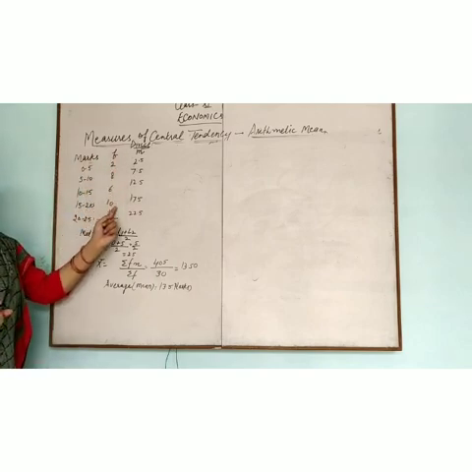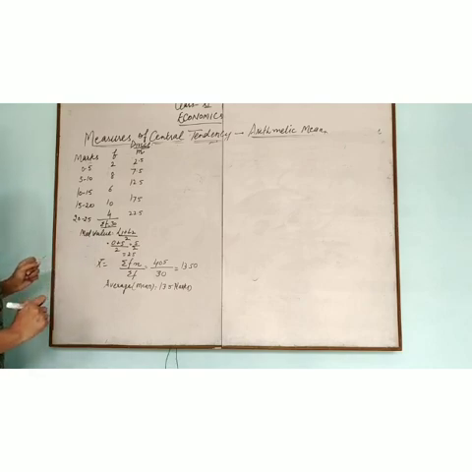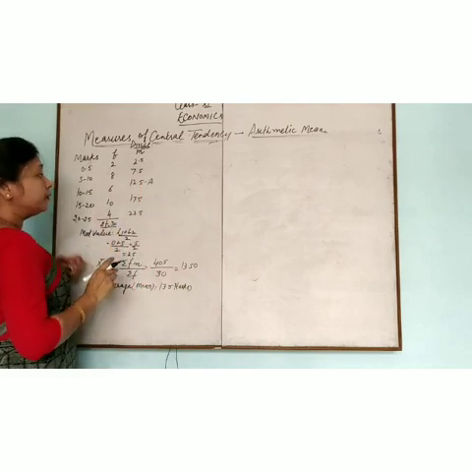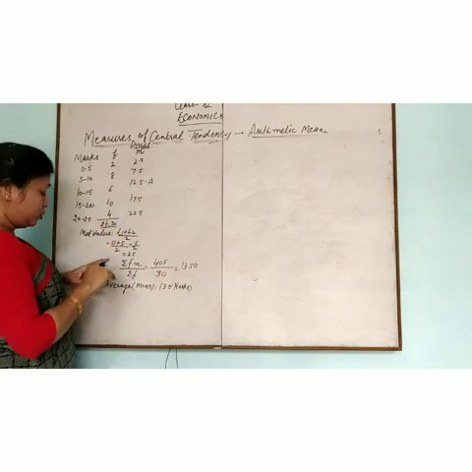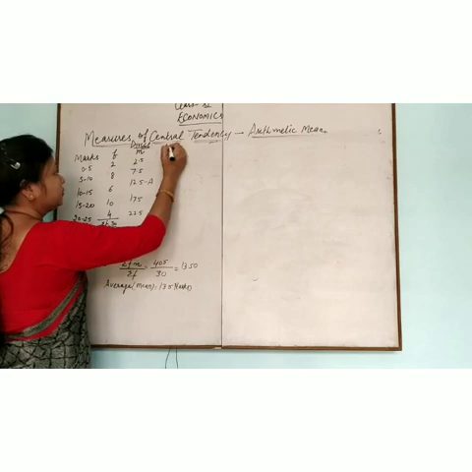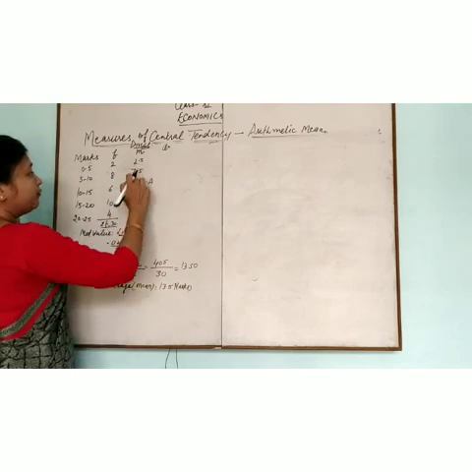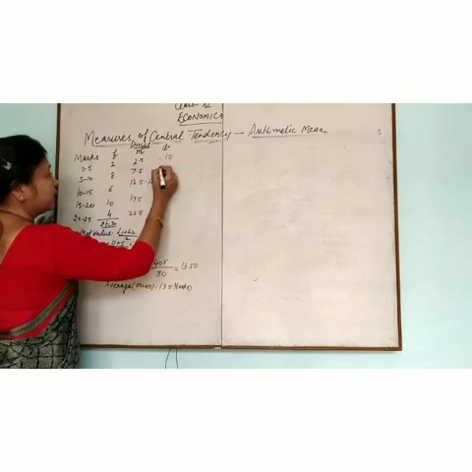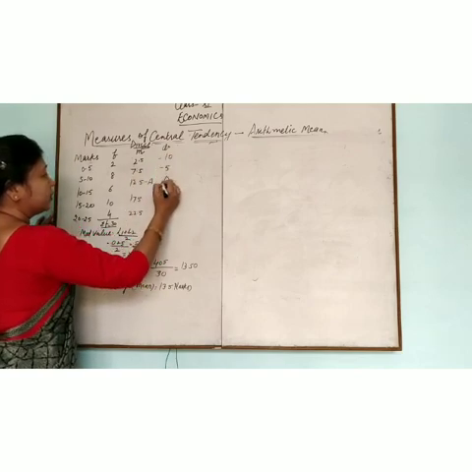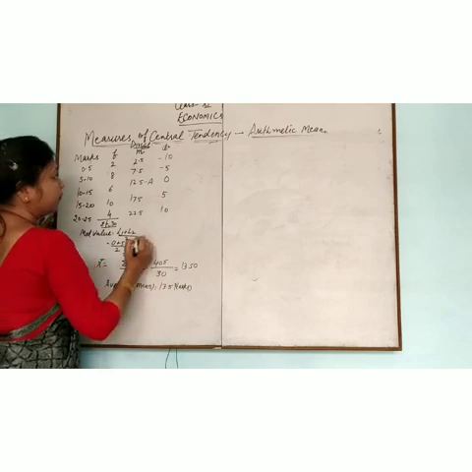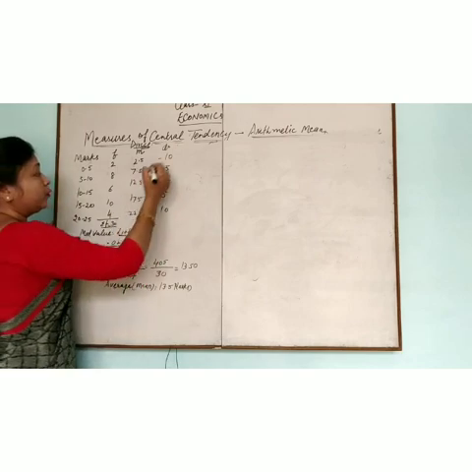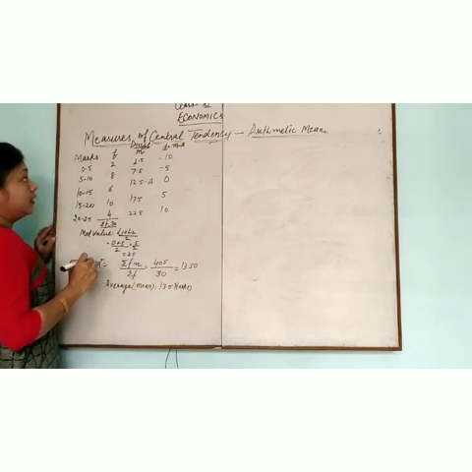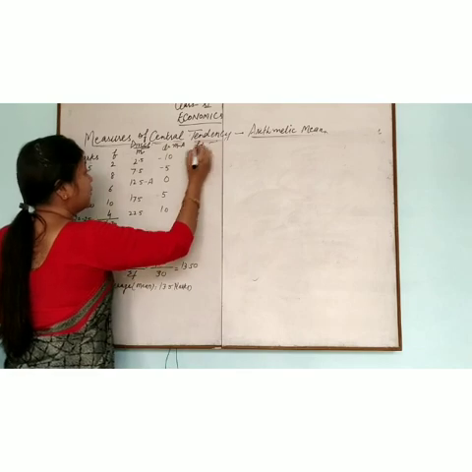First of all, we will calculate the mid value, and after the mid value, we will take any assumed value from the mid value, then we calculate D. 2.5 minus 12.5 is equal to minus 10, then minus 5, 0, 5 and 10. How do we calculate D? Mid value minus assumed value.